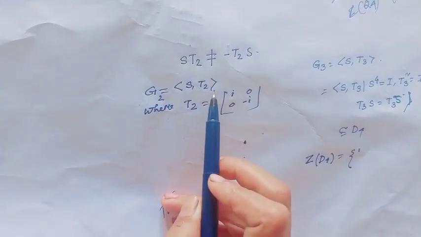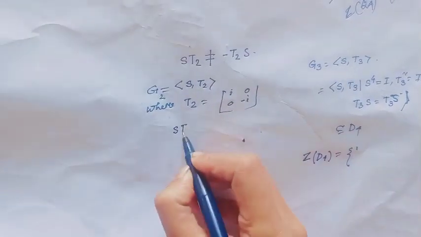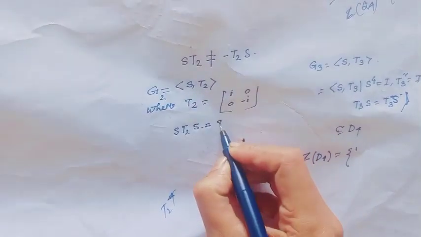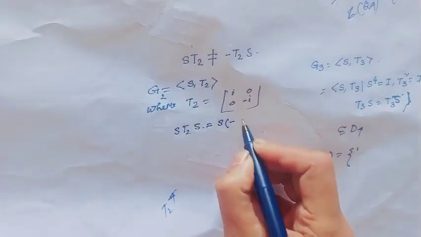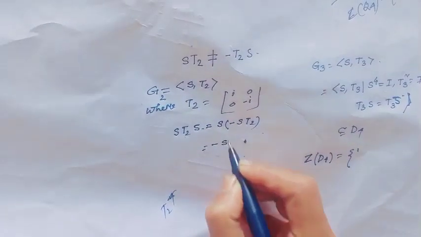Since G2 is generated by S and T2, if we consider ST2S, then we can write this as S times minus ST2, which is actually equal to minus S squared T2.